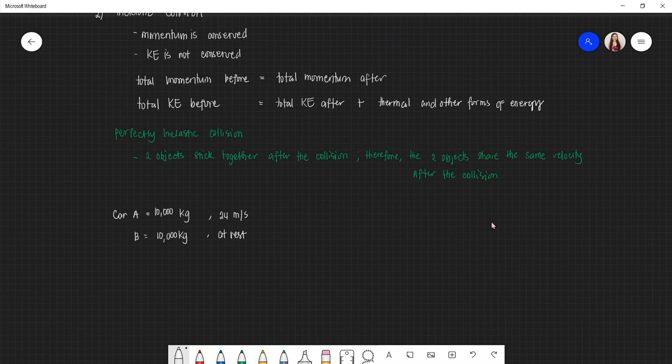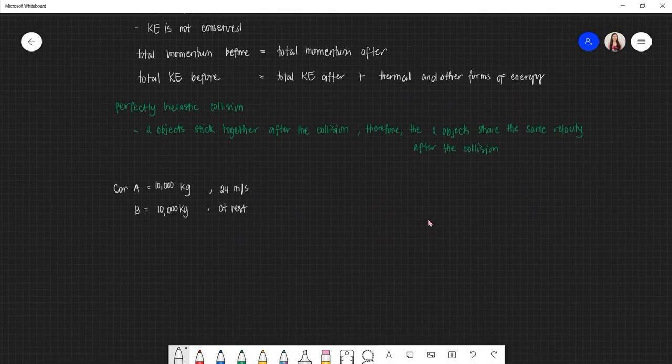So if we compare the kinetic energies, how much of the initial kinetic energy is transformed to thermal or other forms of energy? There must be a discrepancy.